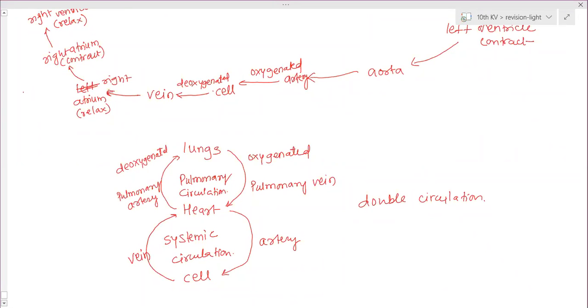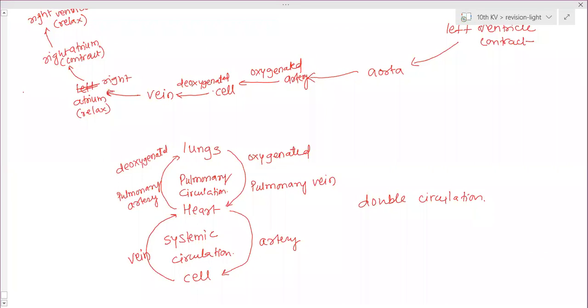When blood enters the heart twice in one cardiac cycle, this phenomenon is called double circulation. Double means two times circulation. The heart is circulating blood two times. It is taking blood first and then it is sending it again.